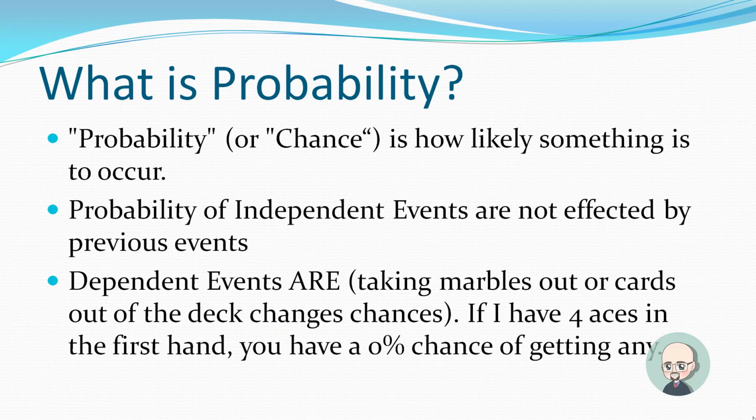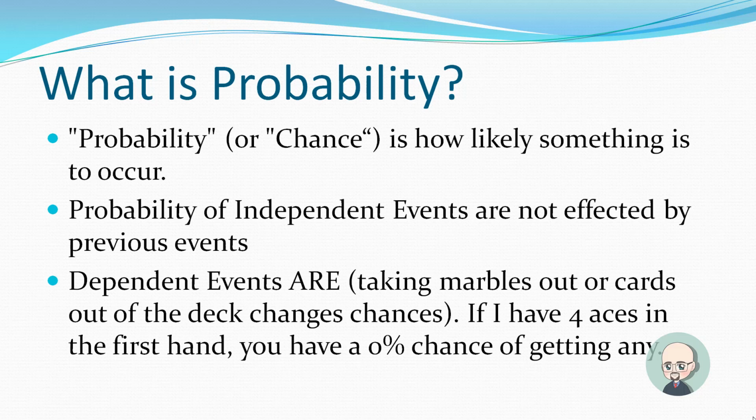Okay, so what is probability? Probability or chance is how likely something is to occur. Probability of independent events are not affected by previous events. Dependent events are. So taking marbles out or cards out of the deck and not replacing them, not putting them back, is an example of a dependent event.